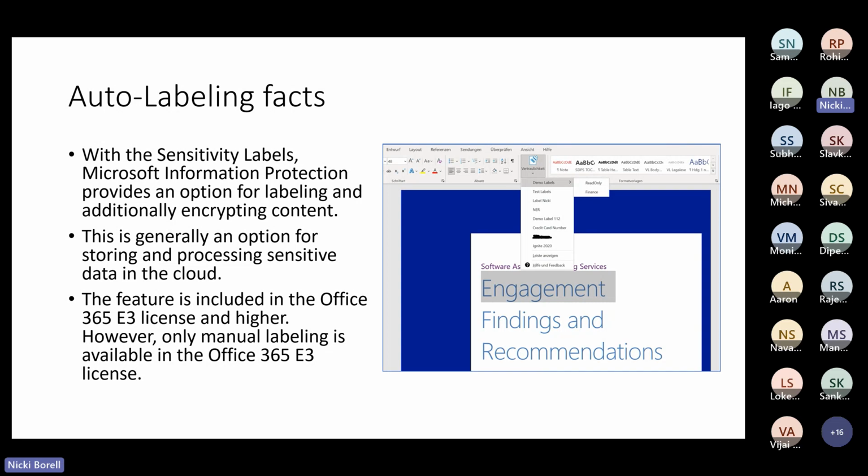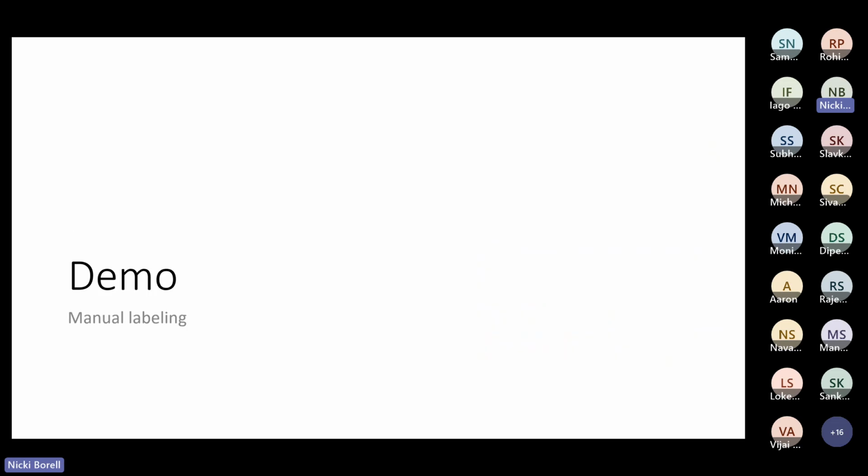And with this, auto labeling is something that is getting really, really interesting. As you can see here in the bullet points on the left side, auto labeling is just an E5 feature, or you need an add-on, because the E3 license only includes the manual labeling capability you saw here on the screenshot. And yes, let's start with this simple first demo to give you an idea of what we're talking about here.